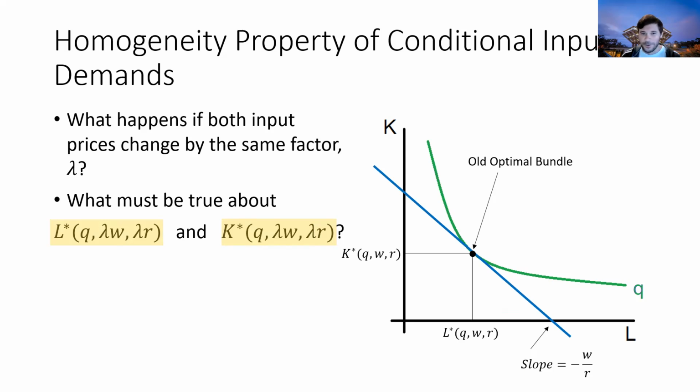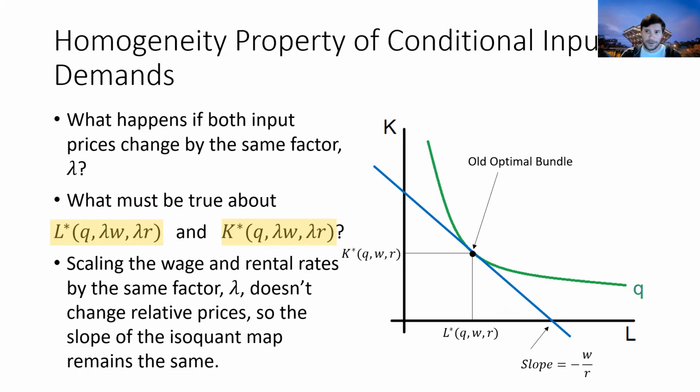Okay, good. I see a lot of folks are saying the slope of the blue line is not going to change. I agree. Scaling the wage and the rental rate by the same factor means you get lambda times W divided by lambda times R as the slope of the new iso-cost curve.